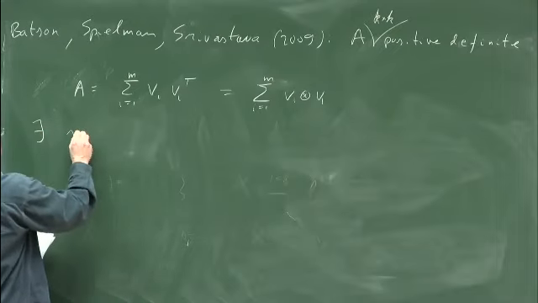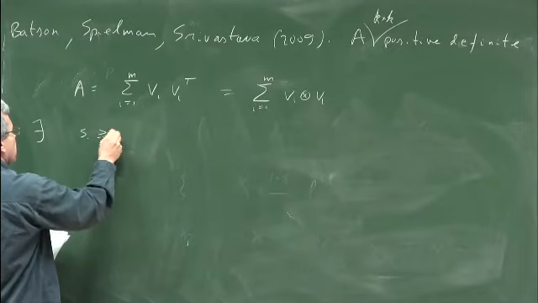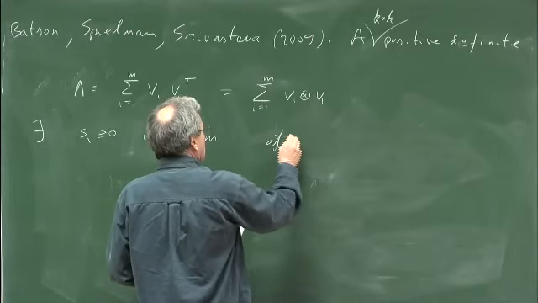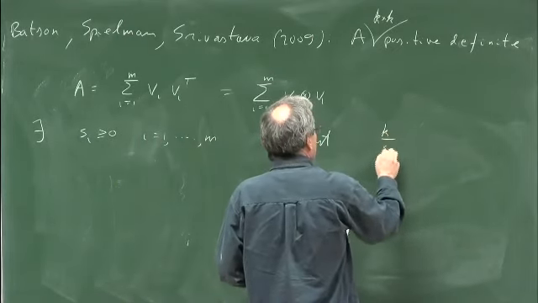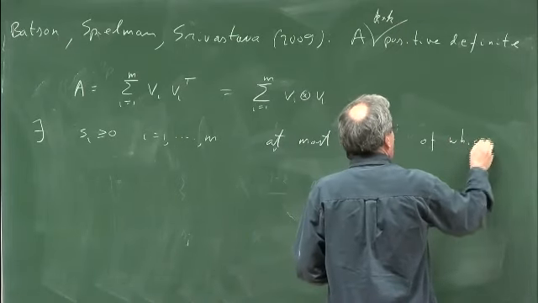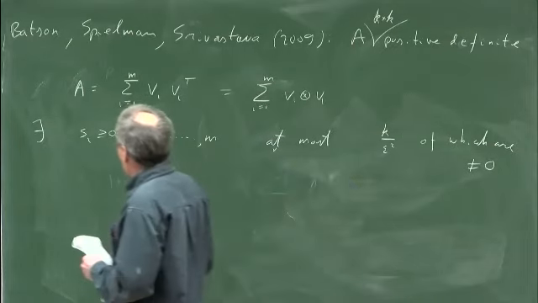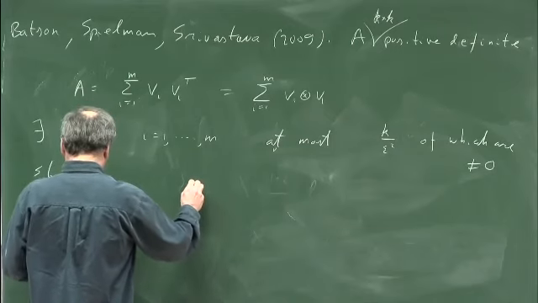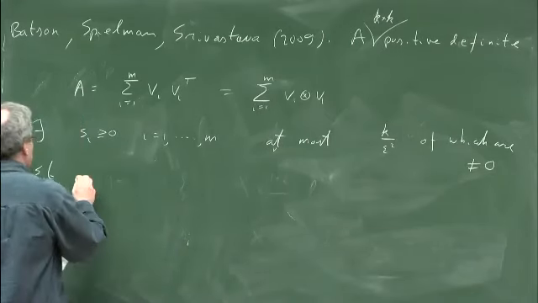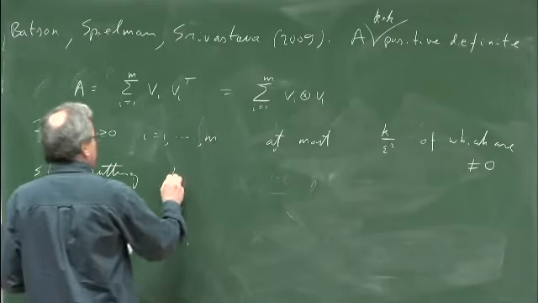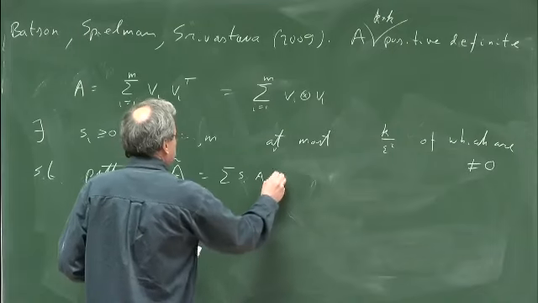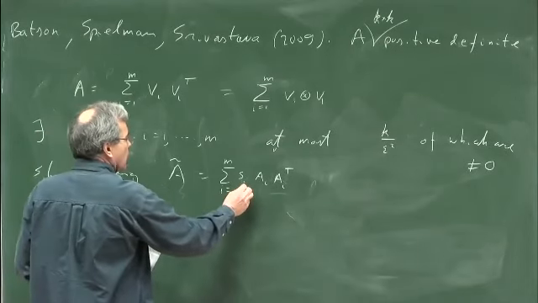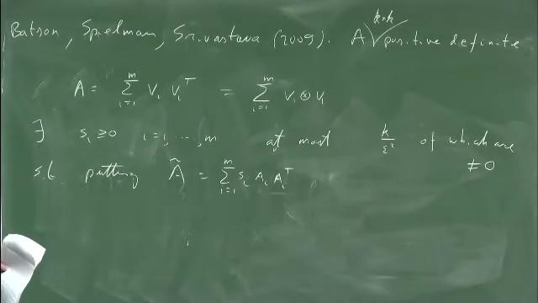So there exist s_i non-negative, i from 1 to m, with only at most k over epsilon squared of which are non-zero, such that putting A tilde to be the sum of s_i v_i tensor v_i, where these are v's, not A's.